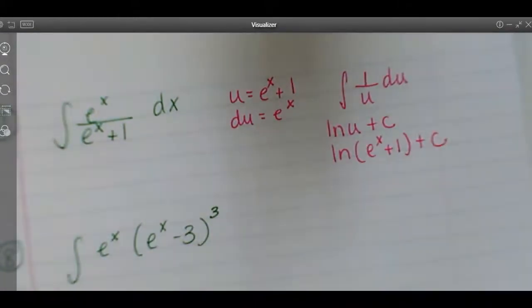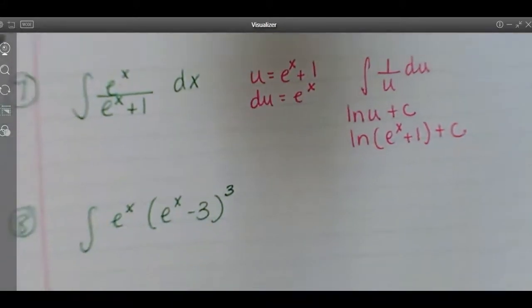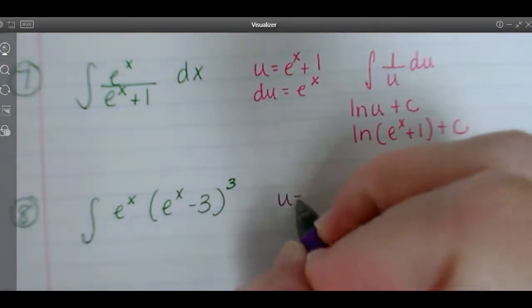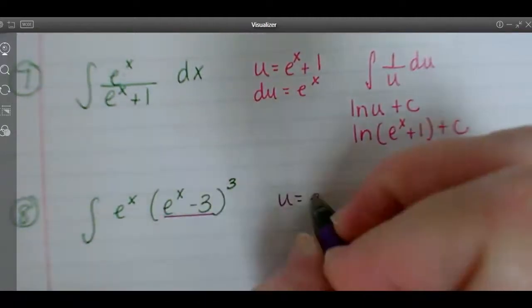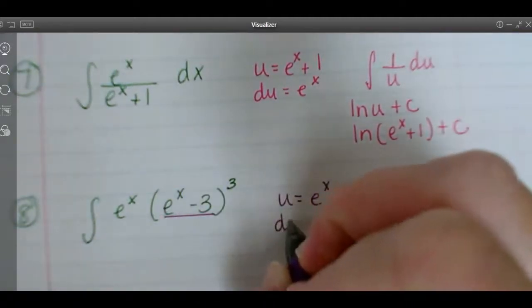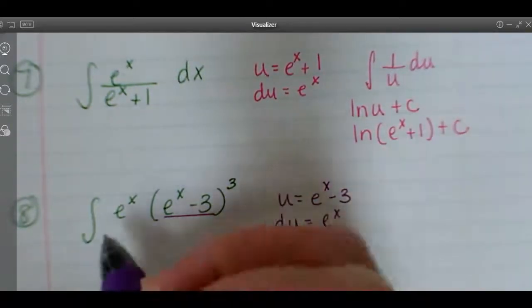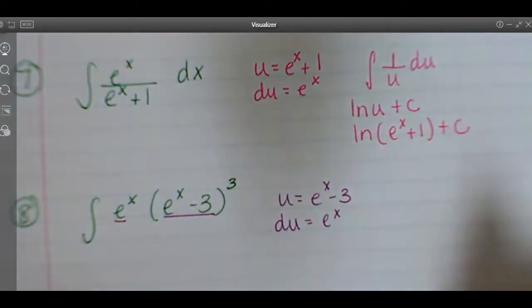So we're sort of combining our u substitution, how u can be a power, u can be the bottom, or u can be something raised to a power. And it'll just come with practice about telling which kind it's going to be. So this last example here, again, u is going to be what's inside of here, and I'll show you why. It's because du is the derivative of that, which is just e to the x, and that's what's in the problem, so that's really nice.